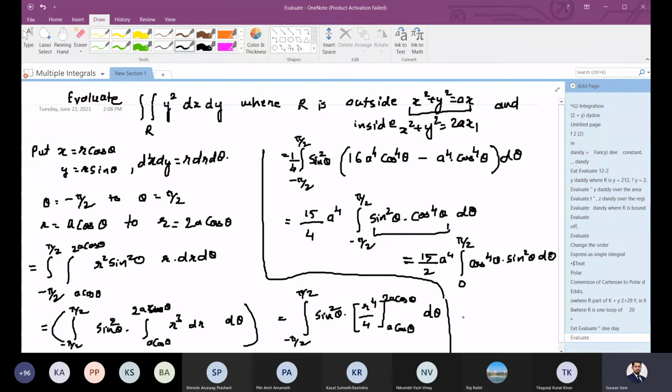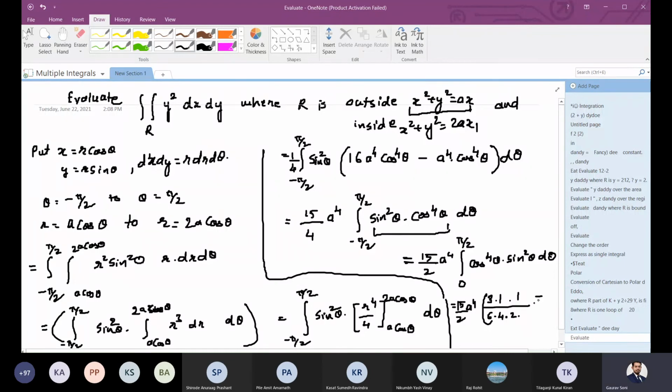Now using the reduction formula, I'll give the answer 15 by 2 a raised to 4. In bracket, consider the power of cos minus the even number, odd numbers. So this is 3 and 1. 2 minus 1, 1 upon, add them 4 plus 2, 6, 4, 2.